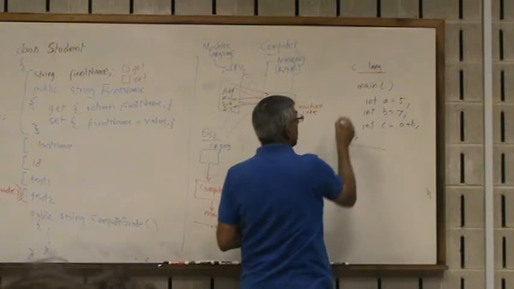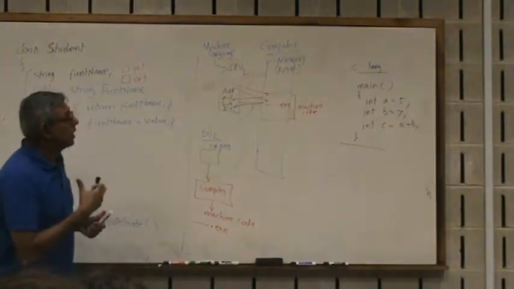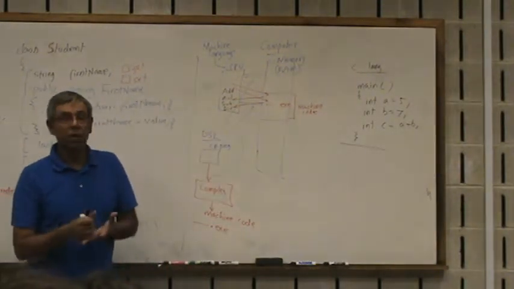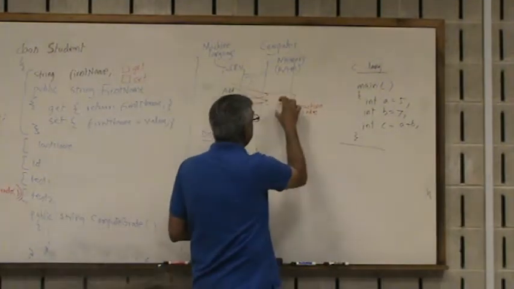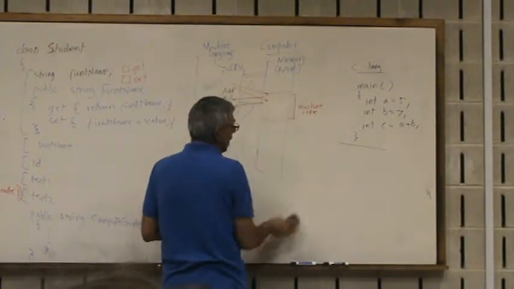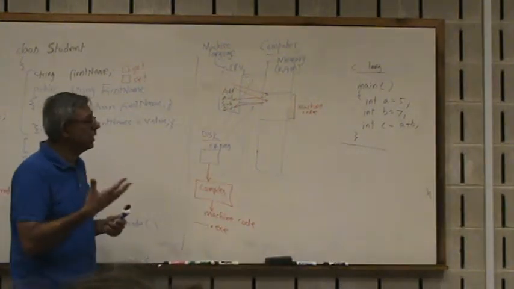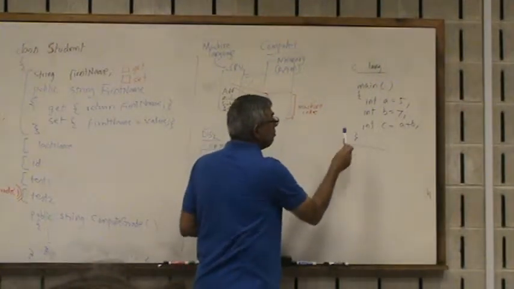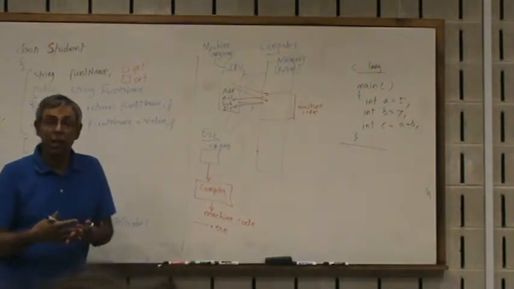Let's take a look at this very simple program. If we wanted to run it, can we simply load it into the memory of the computer? No, we have to first compile it. There are 3 instructions here, and they will get converted into machine code, maybe 3, 5, or 6 instructions. One high-level language instruction may get translated into 2 or 3 or more machine-level instructions.